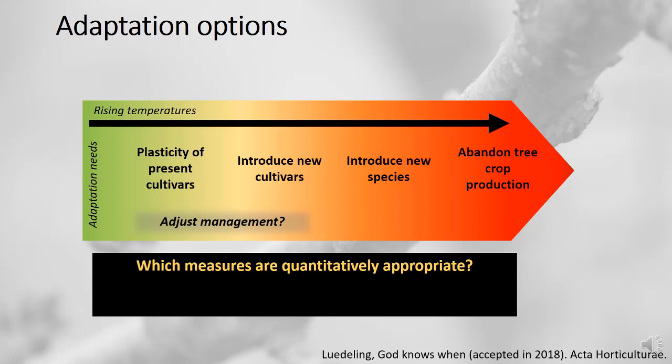Are our trees plastic enough that they can cope with a bit of change? To decide this, we really require accurate chill models. And we need accurate and reliable ways to quantify chill. Otherwise, it's very difficult to make this call and give any reasonable recommendations to people on how to adapt to the new conditions.